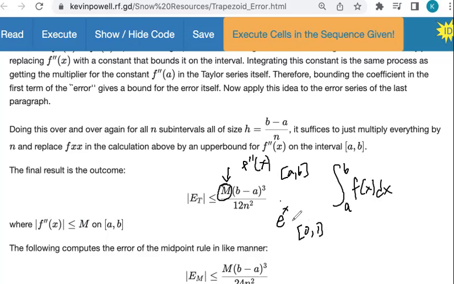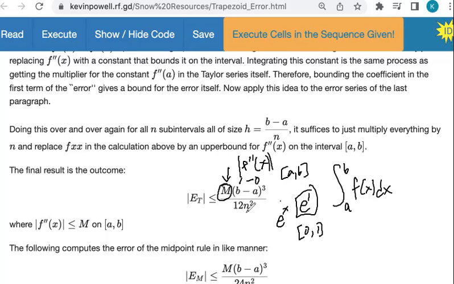Since e to the x is increasing, you look at the right-hand point, and the biggest it could be is e to the 1. So m in that case would be e to the 1. So we can figure out what m is. It's just an upper bound for the absolute value of f double prime. B minus a, we can get readily just from thinking of the endpoints. In this case, if we had 0 to 1, it'd just be 1 minus 0.